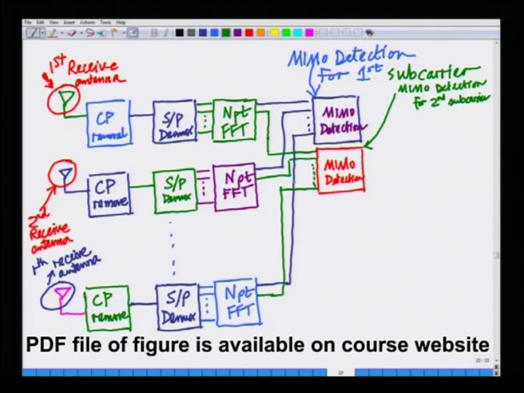I do MIMO detection for all the N subcarriers as follows.